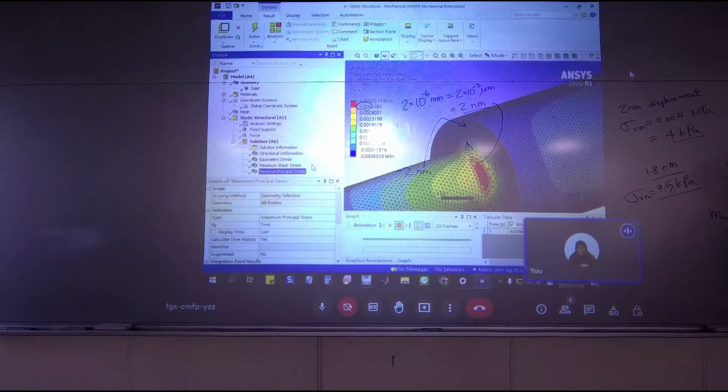This is the stress in the first direction and second direction. And for maximum shear, we have this shape. And the other model is the maximum distortion energy model, and this one is based on von Mises stress.